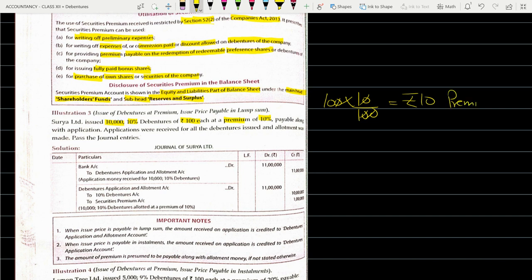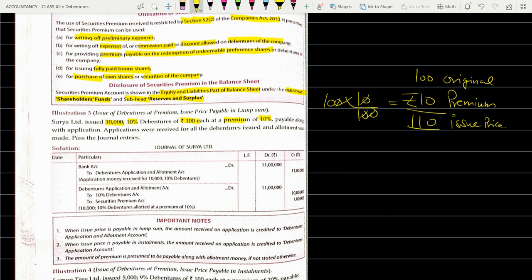So 10 rupees is your premium in this case. That means 100 rupees is your original value, and this is the premium, and altogether it is issued at rupees 110. So this is your issue price. This is payable along with application.